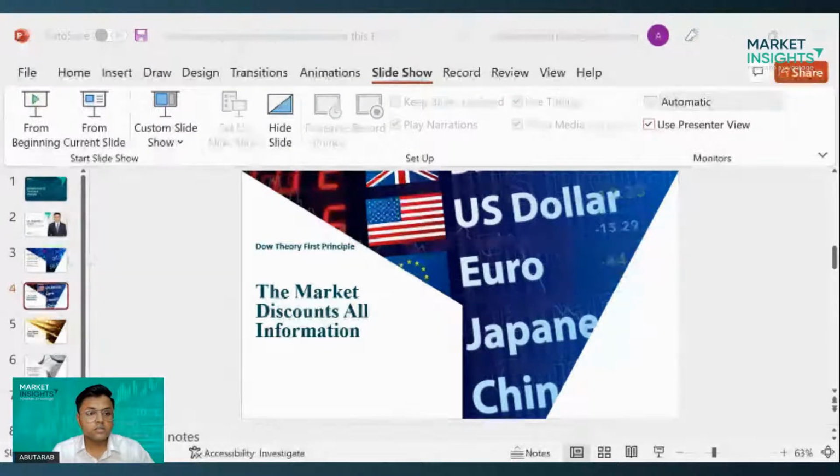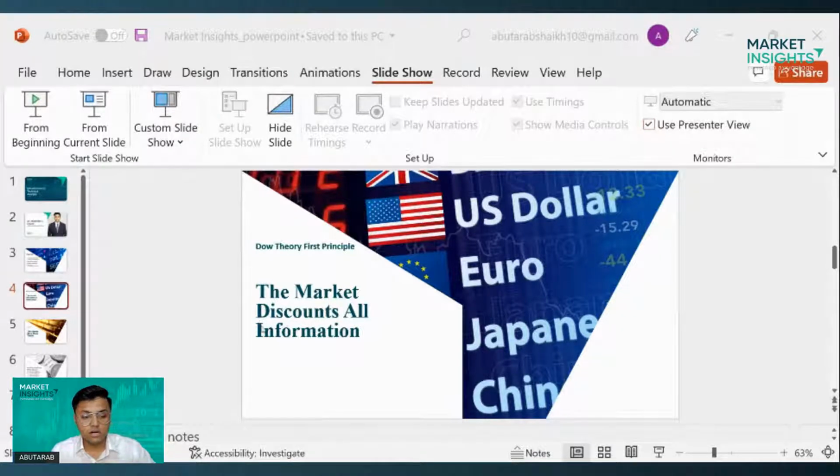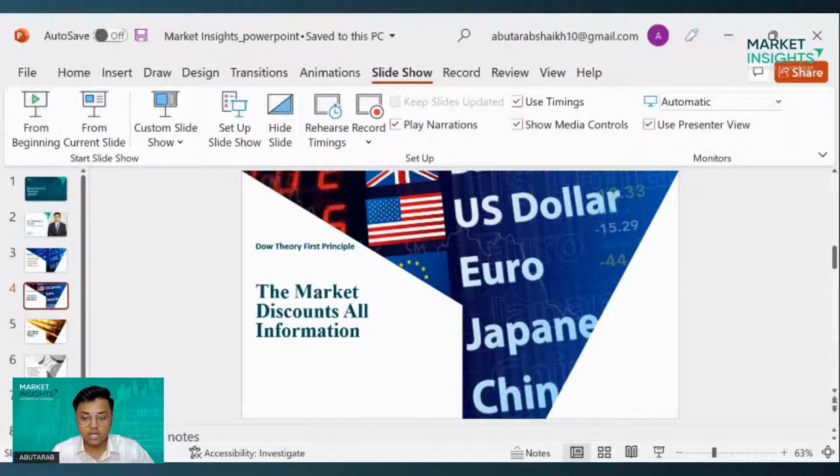So the first principle is that the market discounts all information. Okay, this is the first principle. Charles Dow says that the market is discounting all information, all news that is coming out, all forms of fundamental factors that are working in the market. It is covered in the price movement only.